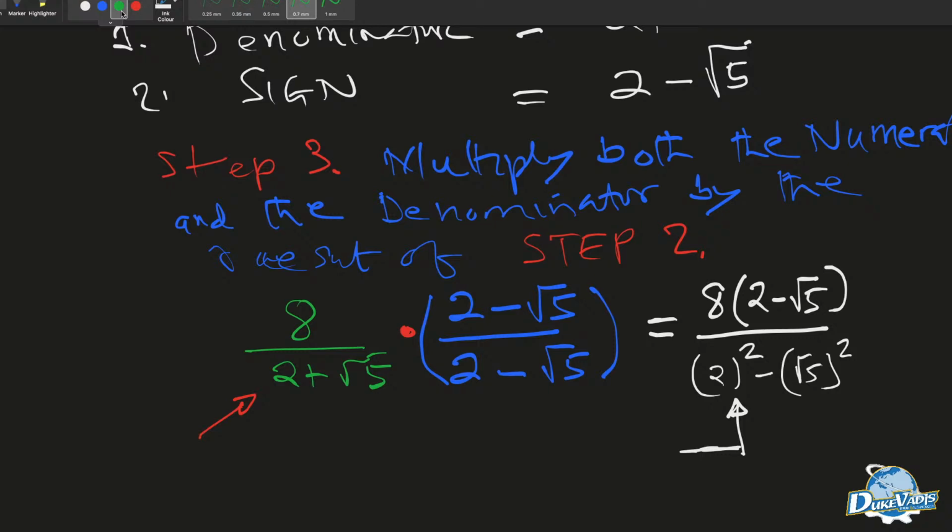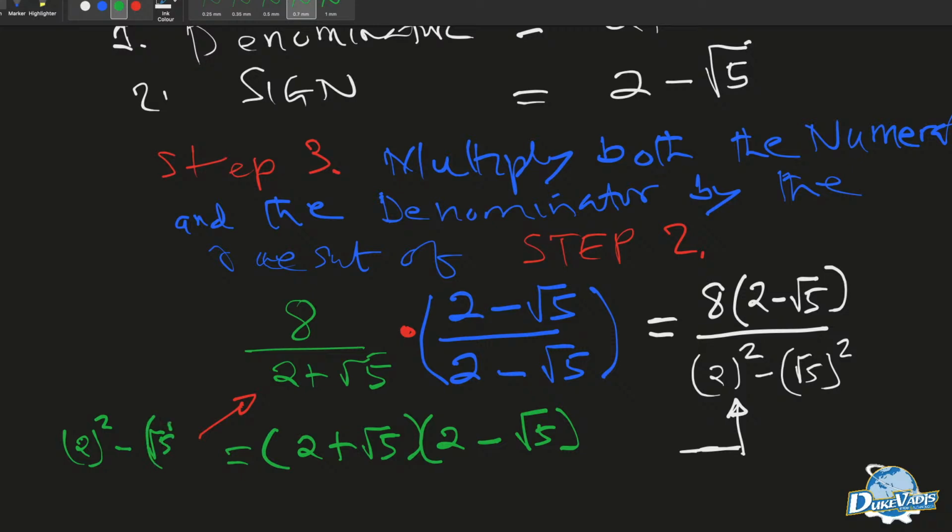So this is 2 plus √5 into the bracket 2 minus √5, and that means 2 squared minus √5 squared will give us this. That is the reason why I have written it this way.